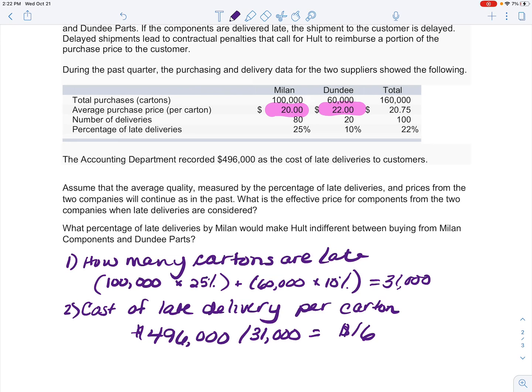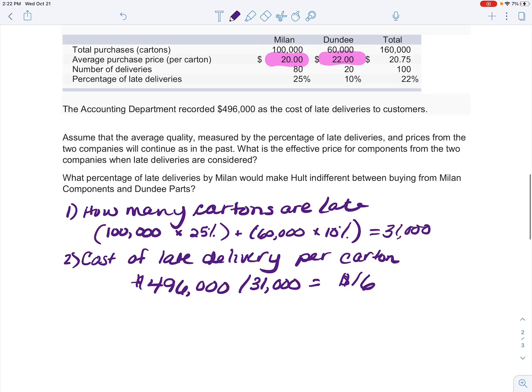Now I want to compute the effective price of that carton, now that we have this additional information. What is the effective price of each of these cartons? Milan is only costing us $20 right now, so let's look at that one first. Milan has 25% of their cartons late.